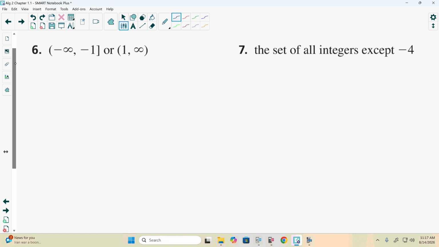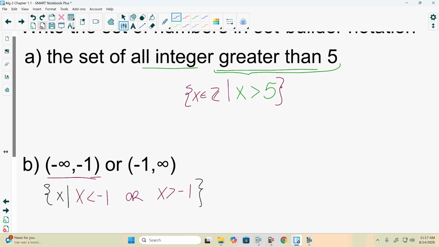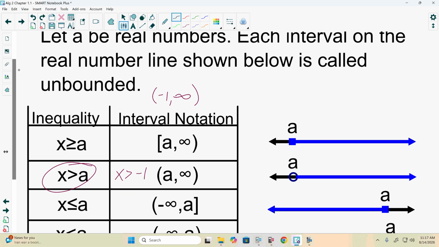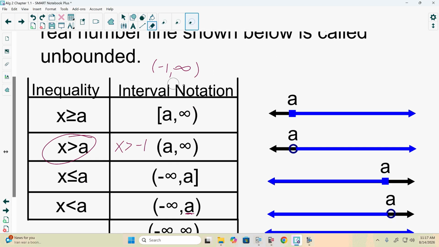-infinity comma -1 or 1 to infinity. Do we want to keep using the chart? It's up to y'all. If y'all find the chart useful, we can go to that. Because again, it is unbounded.